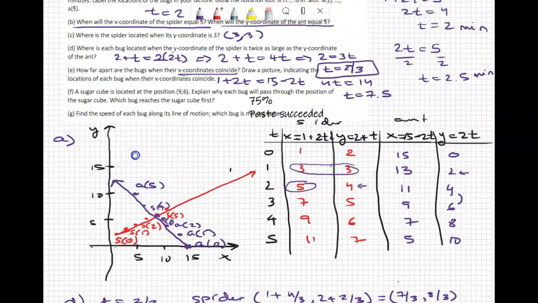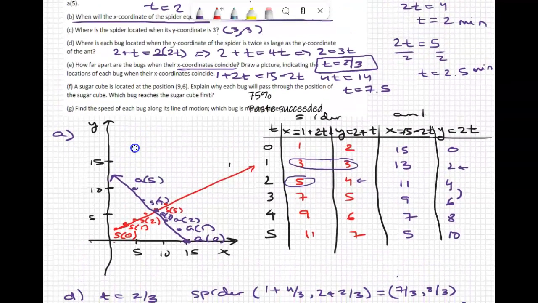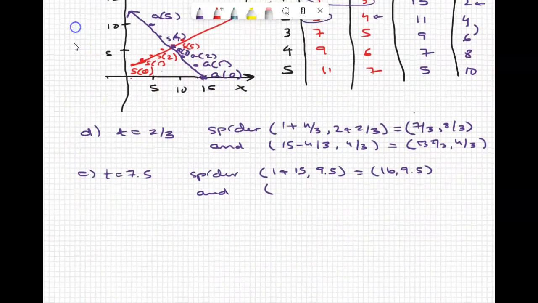Did I mess this up? The x-coordinates coincide. Oh yeah, 14 divided by 4 is not 7.5. 14 divided by 2 is 7. 7 divided by 2 is 3.5. That's what I meant. I can do arithmetic.